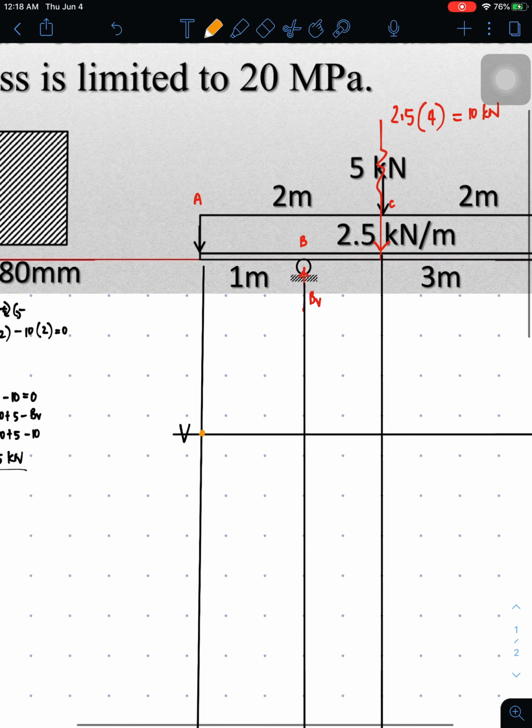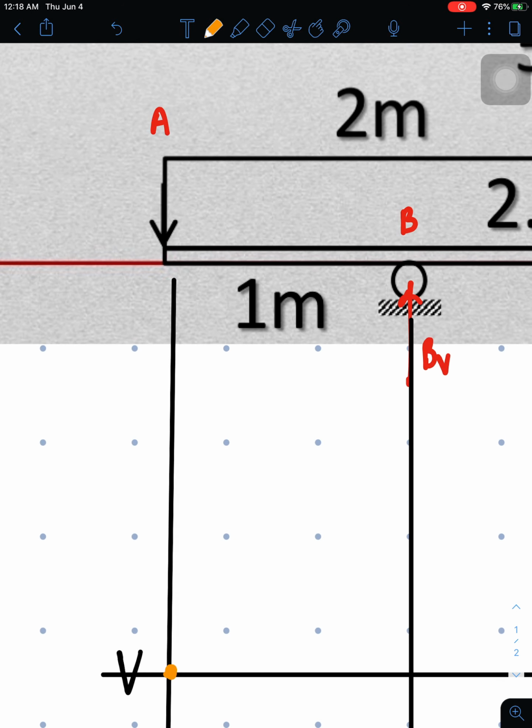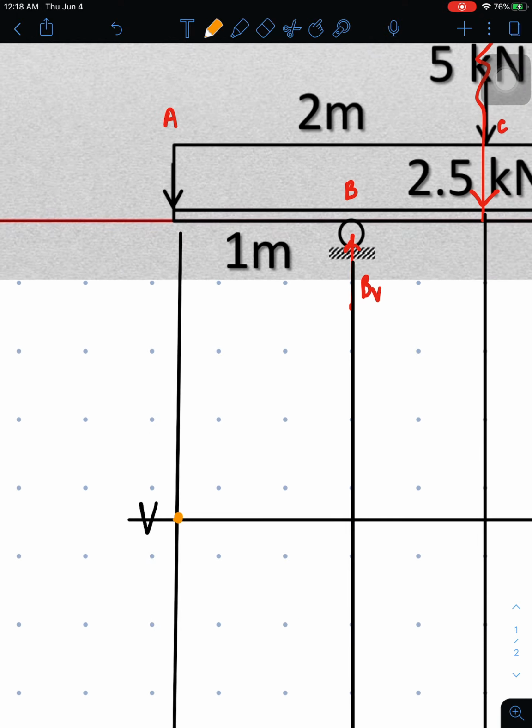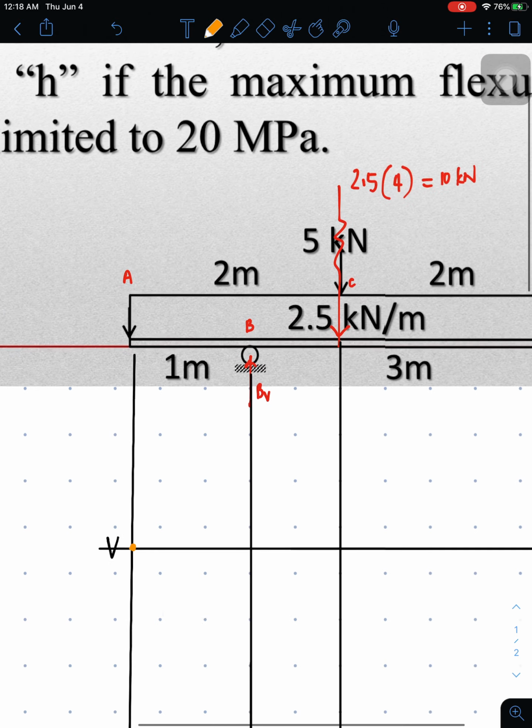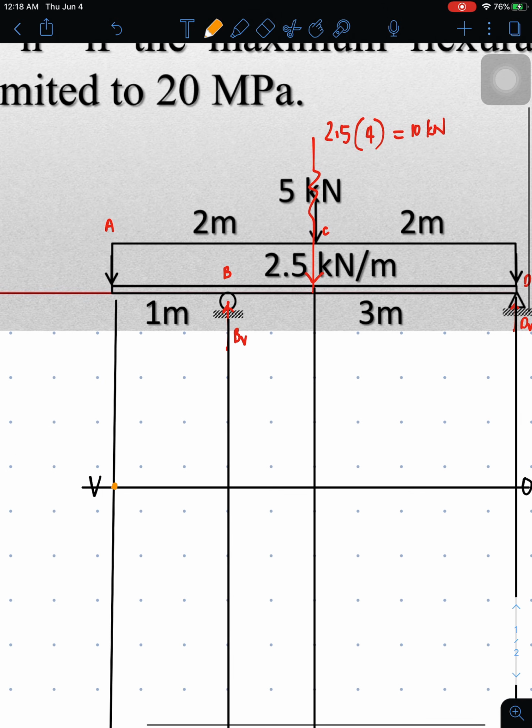Examining A, there is no concentrated load, therefore there's only one value for shear at A, that's 0. Next is plotting at B. At B, there are two values, since there is a concentrated load. So what we're gonna do here is observe this area, the area that we will be using in determining the load.